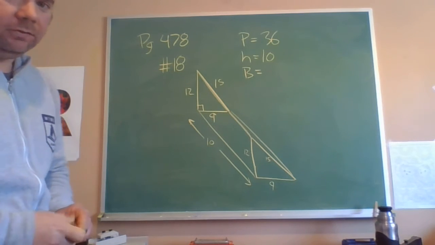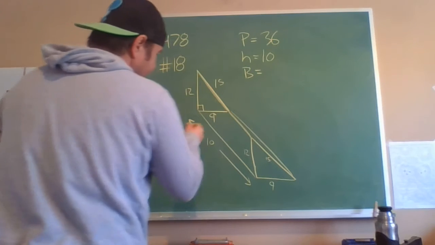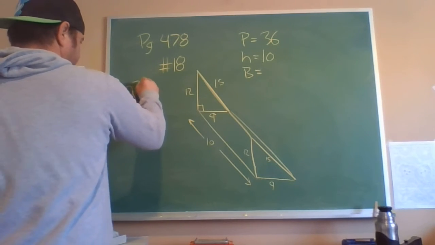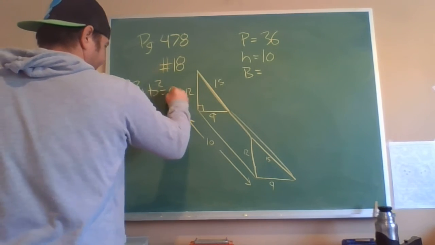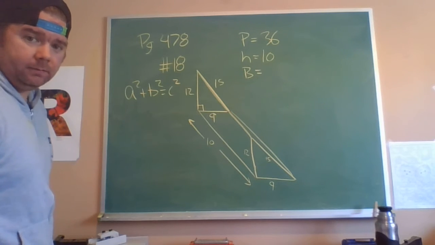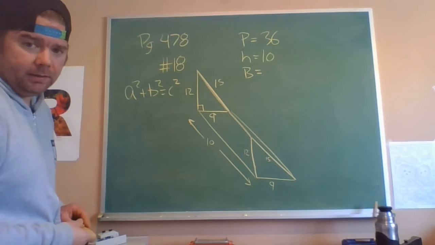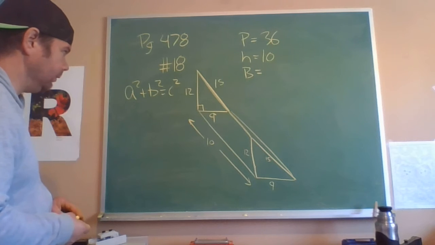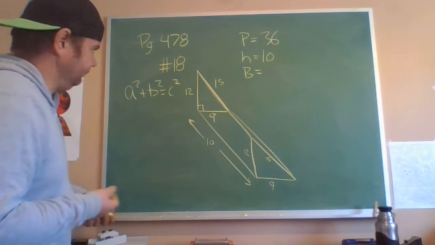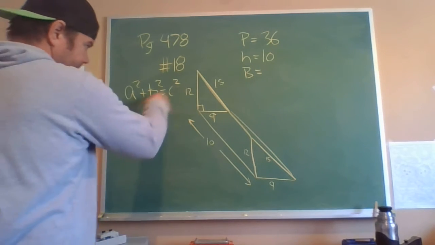What I need to do first is test it to see if it indeed is a right triangle. And just for the record, I'm assuming that this is going to be a right triangle just because I have a feeling about it, but I still need to test it.